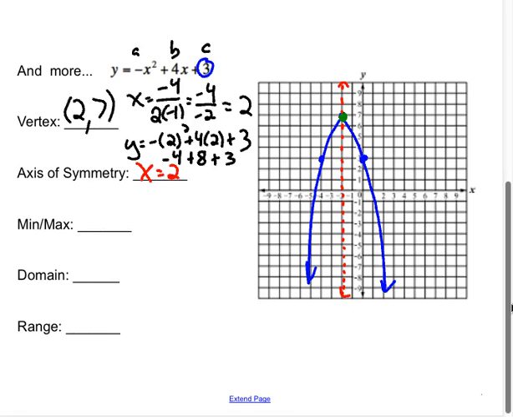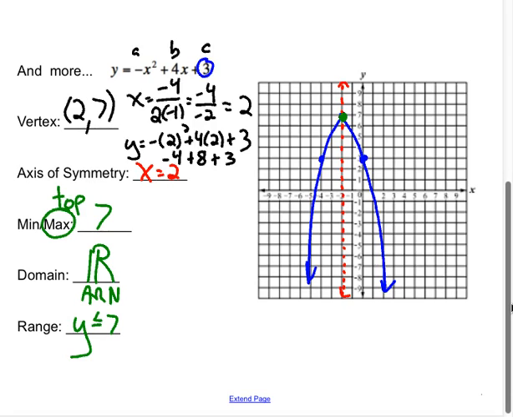This time, that point is the top of my graph, which is making it the maximum point up at 7. Domain, we love domain because it is always all real numbers for quadratics. We can use any x value we want. In terms of y values, the y values go up to 7, but they're going downward this time. So it's going to be everything less than or equal to that 7.